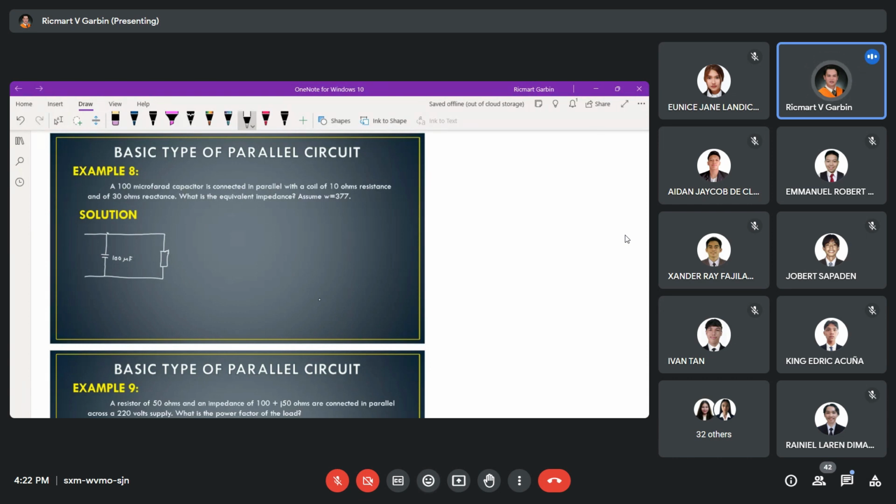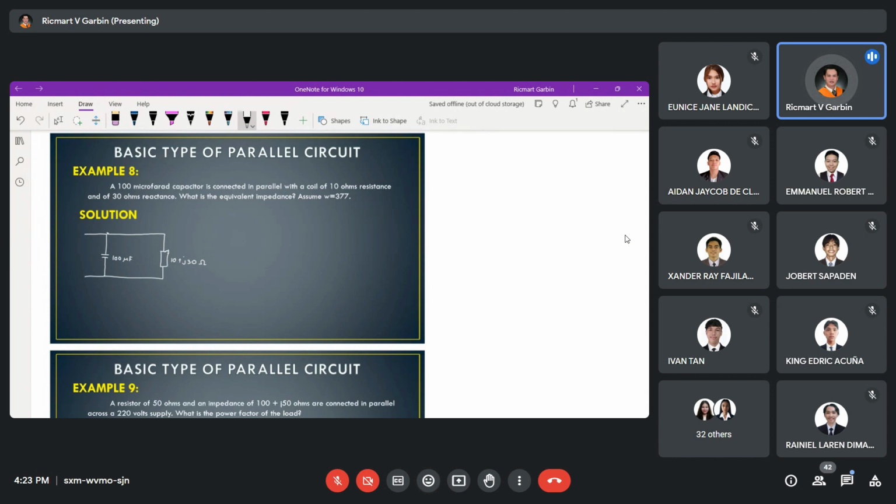So this is 10 plus J 30 ohms. Okay. So since this is connected in parallel, all we have to do now is to use the formula for parallel impedances. But before that, ano muna kailangan natin gawin?